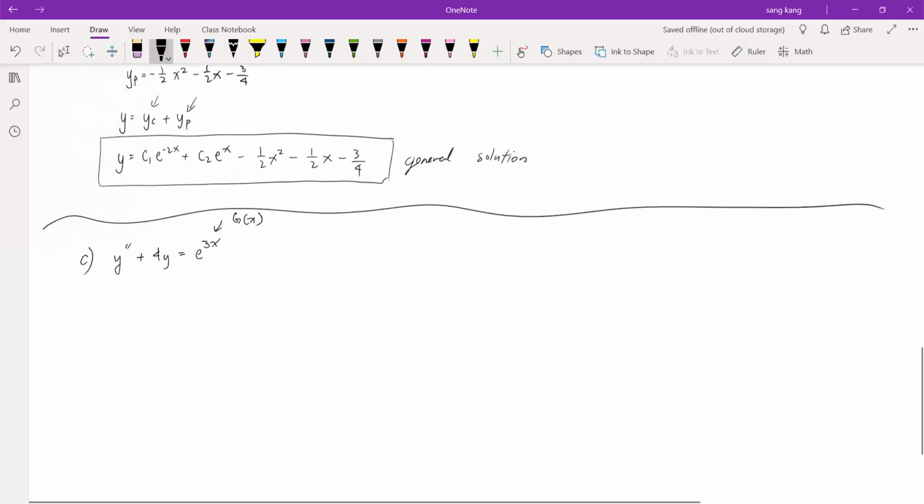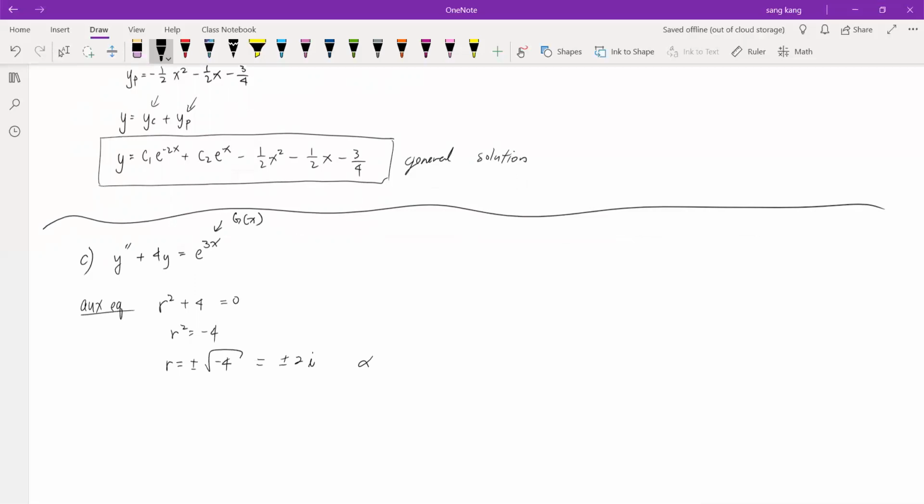Okay, so again, we're going to start with finding our auxiliary equation to find our homogeneous solution. So r squared plus 4 equals 0. r squared equals -4. Therefore, r is equal to plus or minus the square root of -4. And of course, this is equal to plus or minus 2i, right?